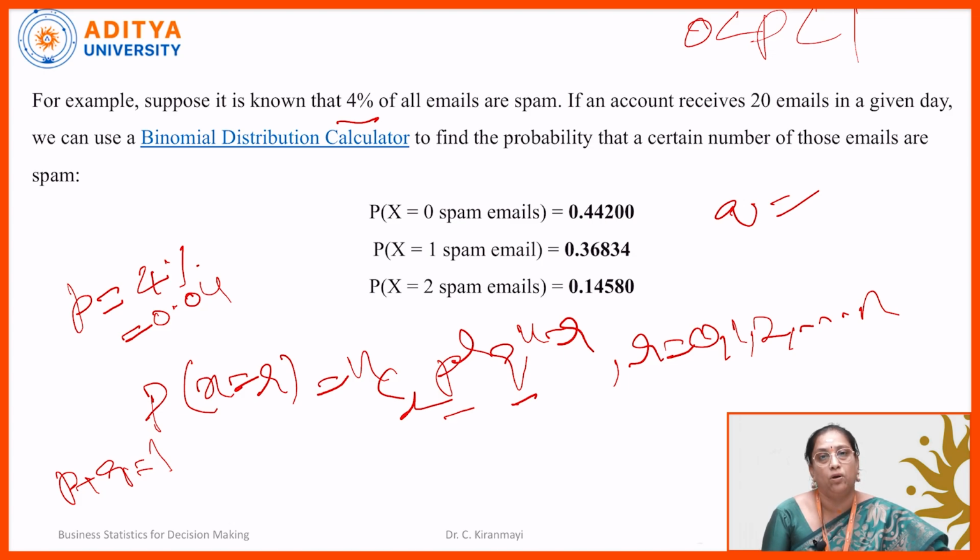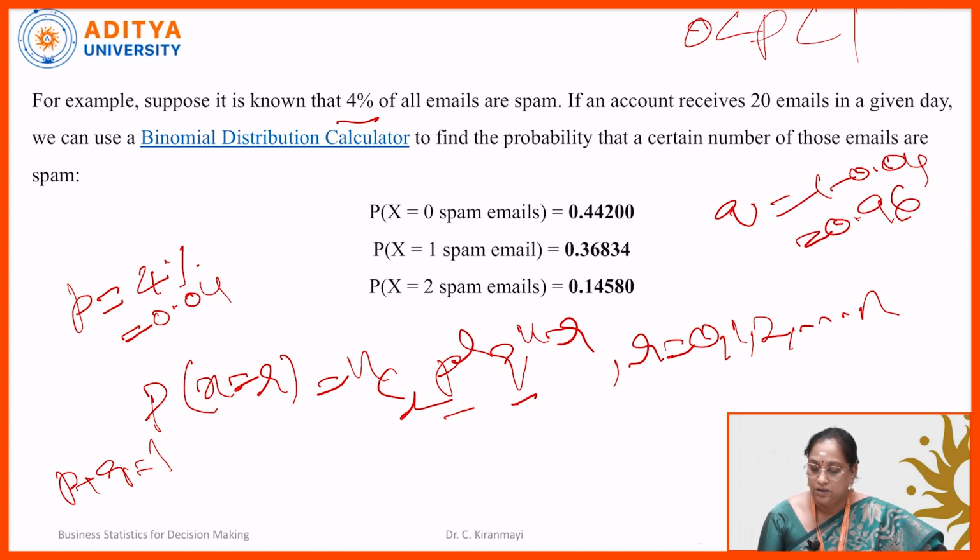So, the total probability of the two events must be 1. Therefore, q is going to be 1 minus 0.04, that is 0.96. So, 4% chances are there for a mail to be a spam mail. It means that there are 96% chances that the mail is a non-spam mail. It is the information which we are given.